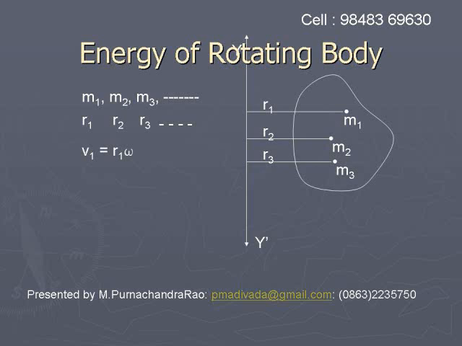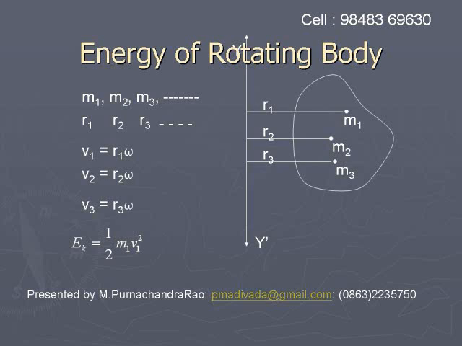If the body is rotated with constant angular velocity omega, then the linear speeds of the particles are v1 equal to r1 omega, v2 equal to r2 omega, and v3 equal to r3 omega.